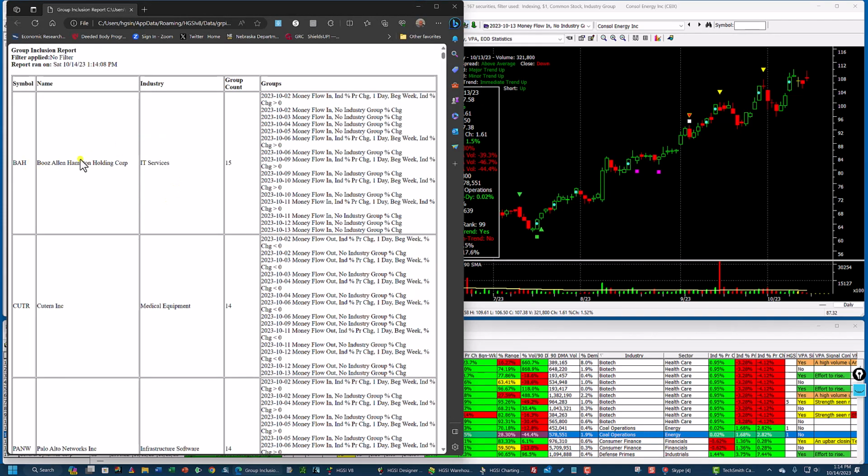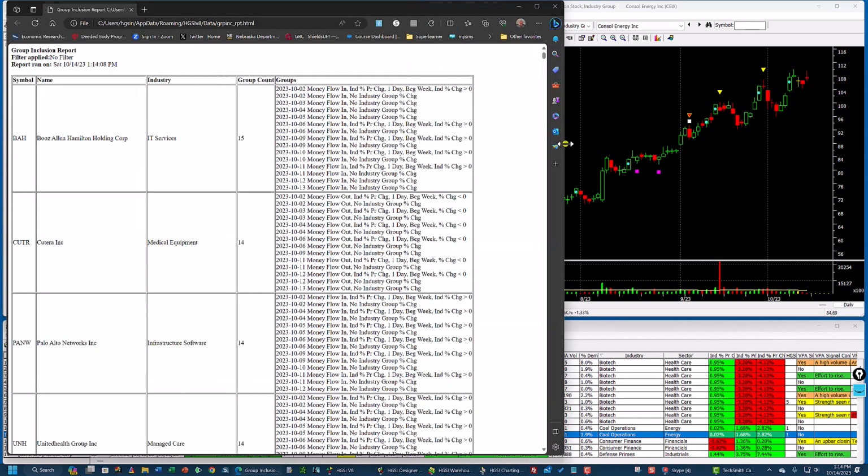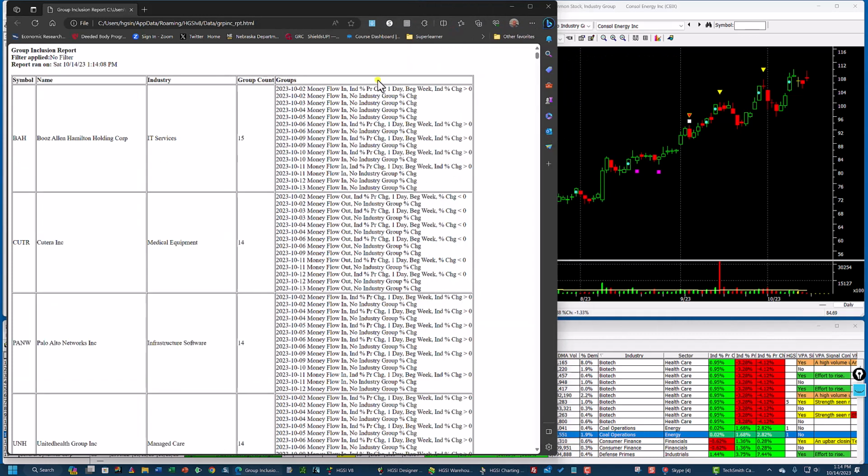And here is a stock. This is only in October. You can see that Booz Allen came up 15 times. Let's make this a little bit larger here, because I want to show you right here where it says these are money flow in.